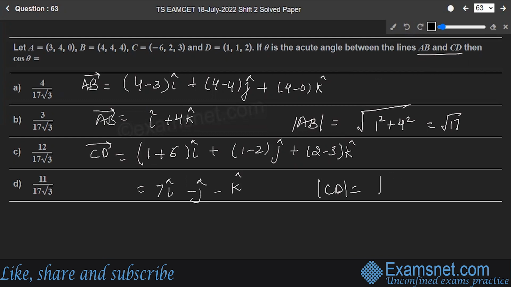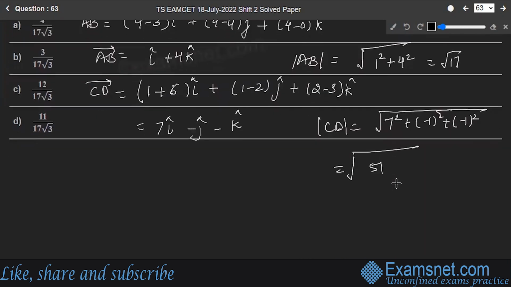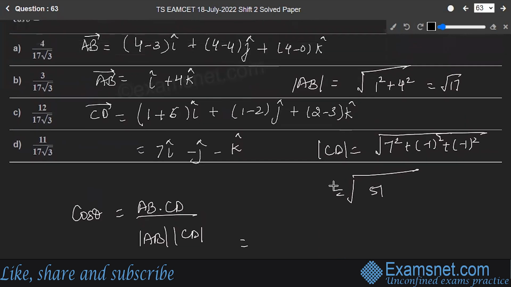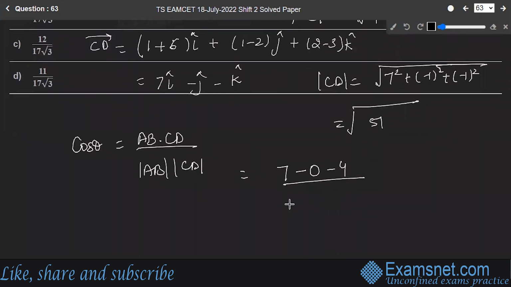Similarly, CD is given by 7 square plus (minus 1) square plus (minus 1) square, which is going to give you root 51. Now, cos theta is equal to the dot product of AB and CD divided by their moduli. AB dot CD is 7 minus 0 minus 4, upon root 17 times root 51.